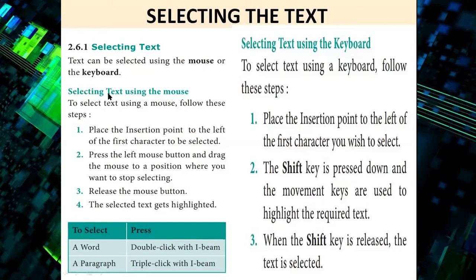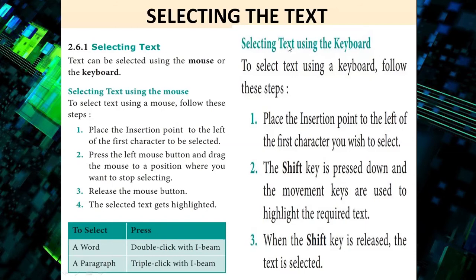If you want to select text using the mouse, place the insertion point to the left of the first character to be selected. Press the left mouse button and drag the mouse to the position where you want to stop selecting. Release the mouse button. The selected text gets highlighted.